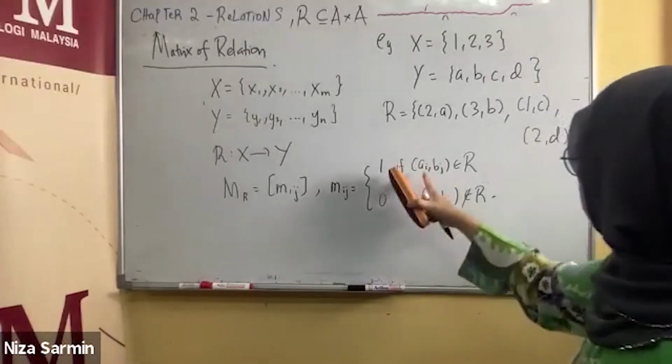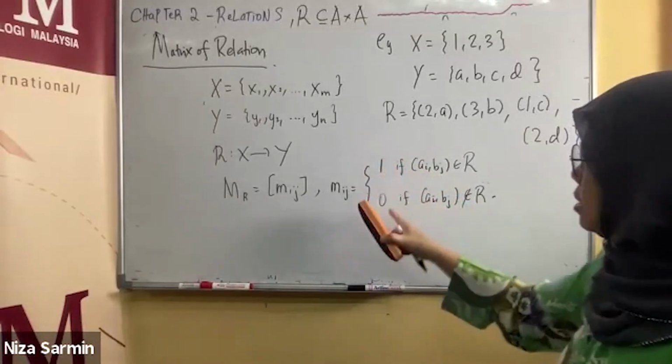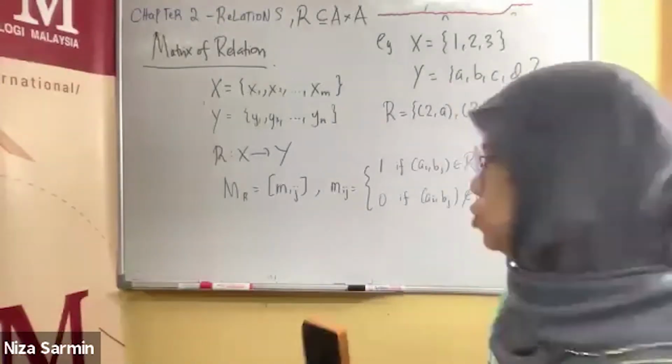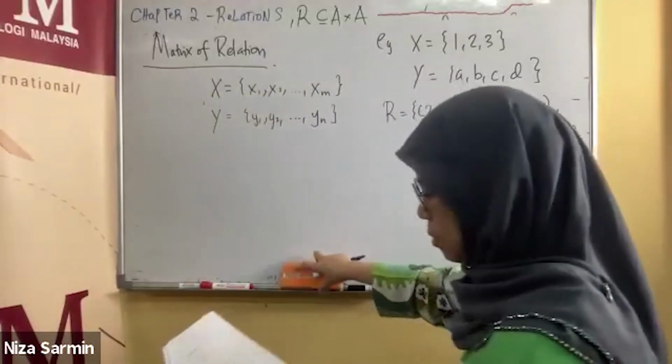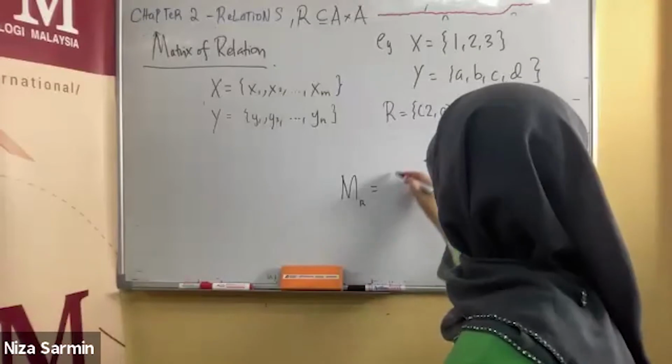If they are related, 1. If they are not related, 0. So the matrix has only ones and zeros.